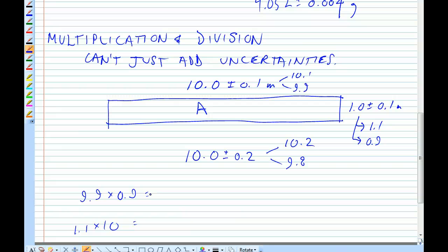I'm just looking at what the range would be if I did the calculations with the lowest and highest possible lengths and widths. See that? So I can't use 0.2 because it underestimates the uncertainty in my answer.